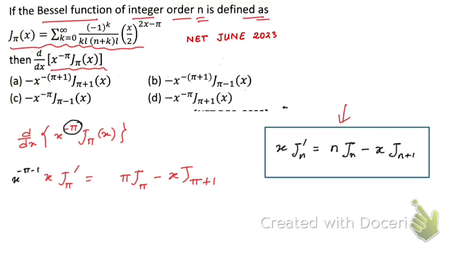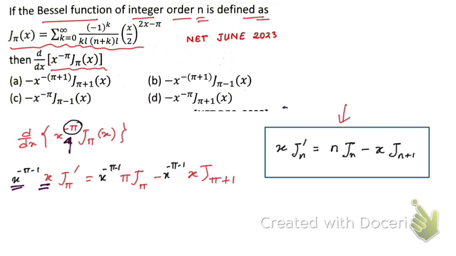On this side also let us multiply x to the power minus n minus 1, and here also let us multiply x to the power minus n minus 1. Okay, so hope you have understood this. So why did I do this? Because if you multiply x to the power minus n minus 1 into x, then you will get x to the power minus n, right? So here we have x to the power minus n, that's why we have done this.